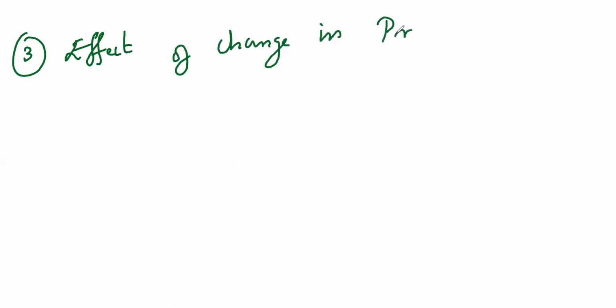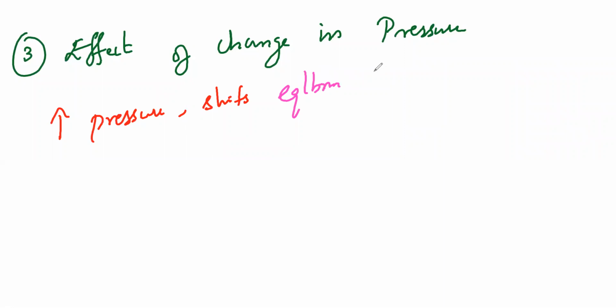Last one, the effect of change in pressure. Again, I'm going to use the arrow mark. Increase in pressure shifts the equilibrium in the direction of lesser number of gas molecules.